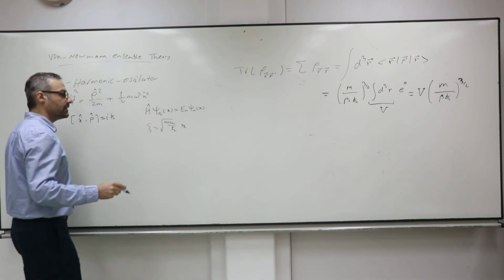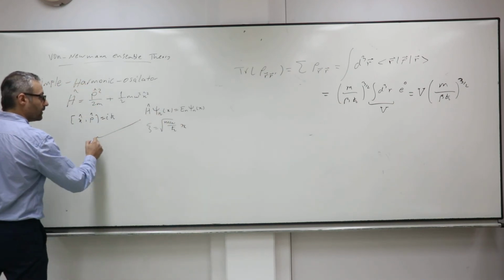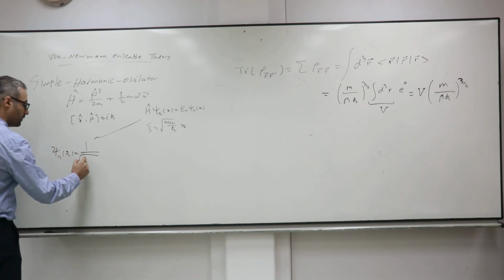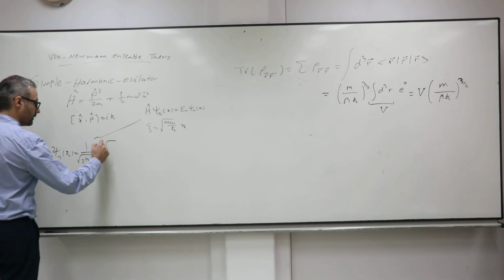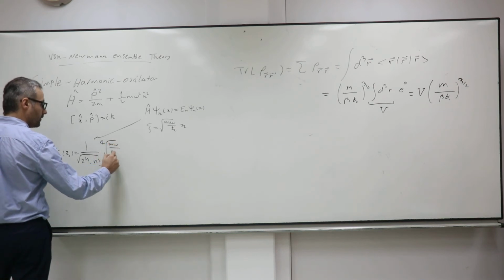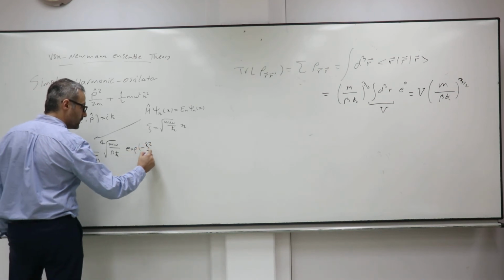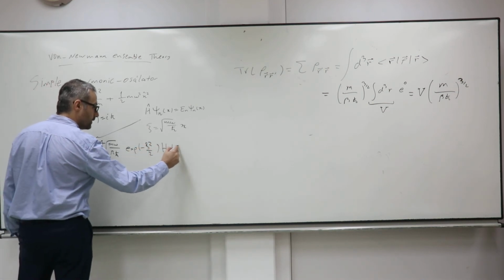We call it xi, just a variable. The psi n of xi will be a normalization factor times exponential minus xi square over 2 times the Hermite function of xi.